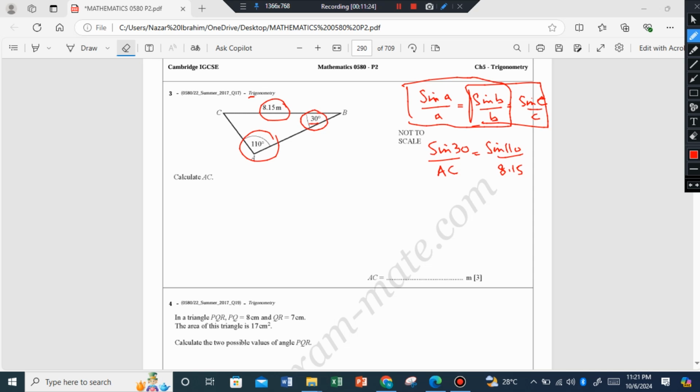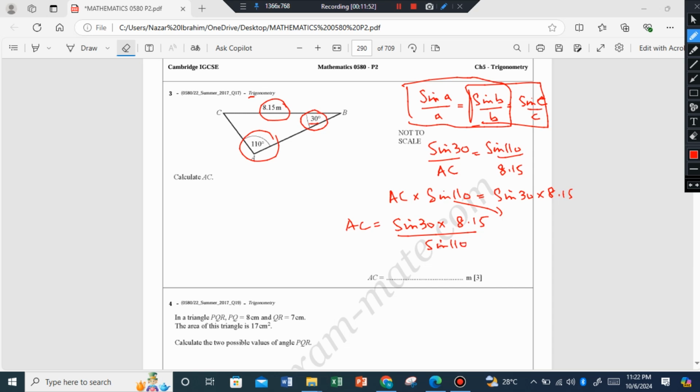Okay, now calculating AC, just cross multiply. So AC multiplied by sine 110 is equal to sine 30 multiplied by 8.15. So AC side is equal to sine 30 multiplied by 8.15 upon sine 110.